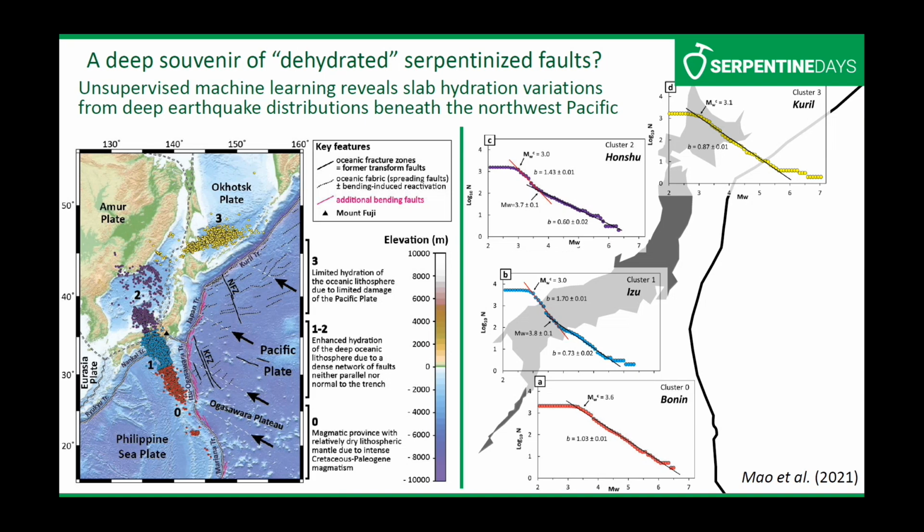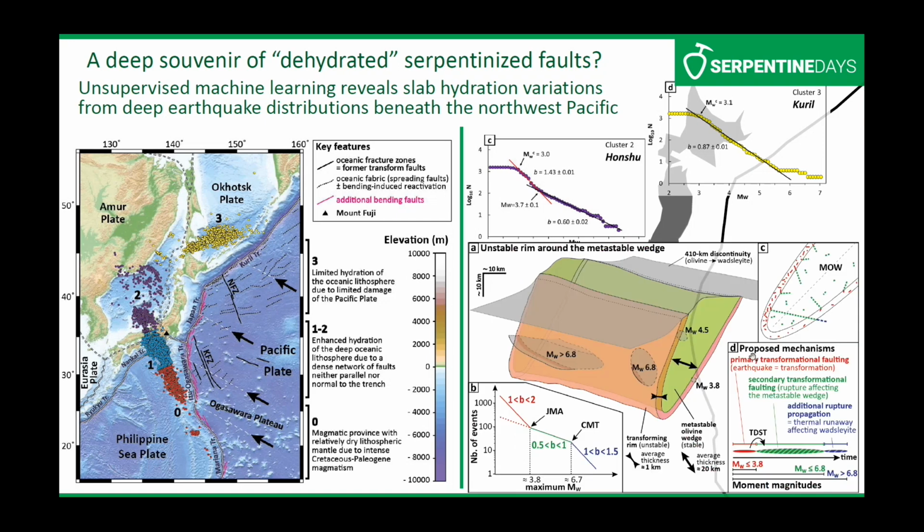We found that at magnitude 3.7 or 3.8, and for events smaller than this magnitude, you have a much larger seismicity in the regions of Izu and Honshu compared to Kuril and Bonin. We propose that this is triggered by the larger presence of hydrous defects within olivine in these segments of the Pacific plate.